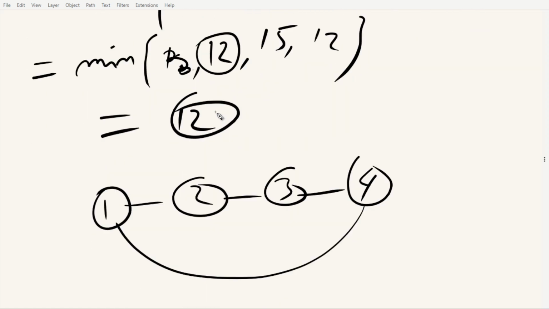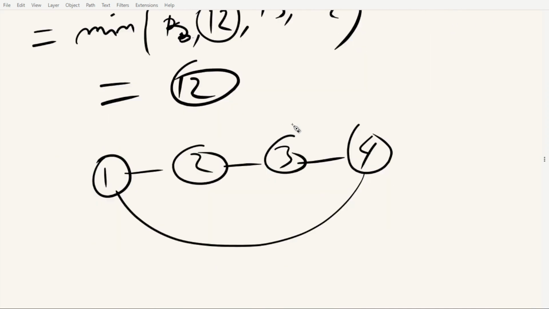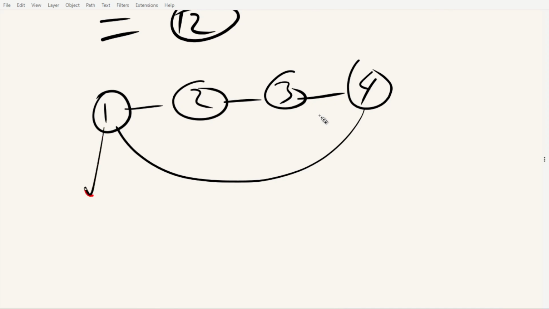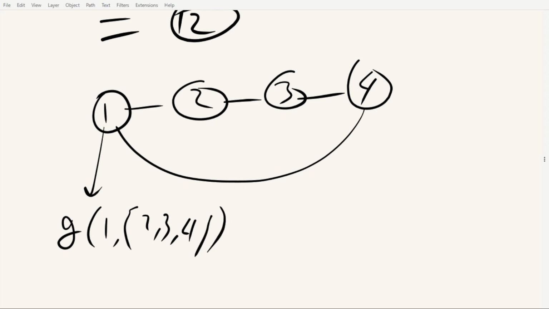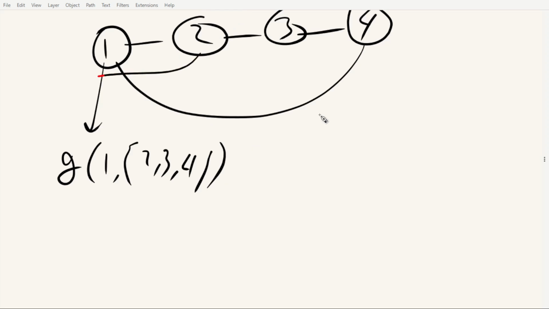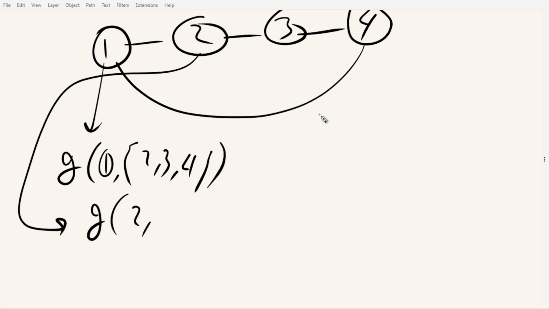So this problem I can write. This is G1 2 3 4. And next we take this 2, represented by 1 to 2 path. So remaining problem G2 3 4.